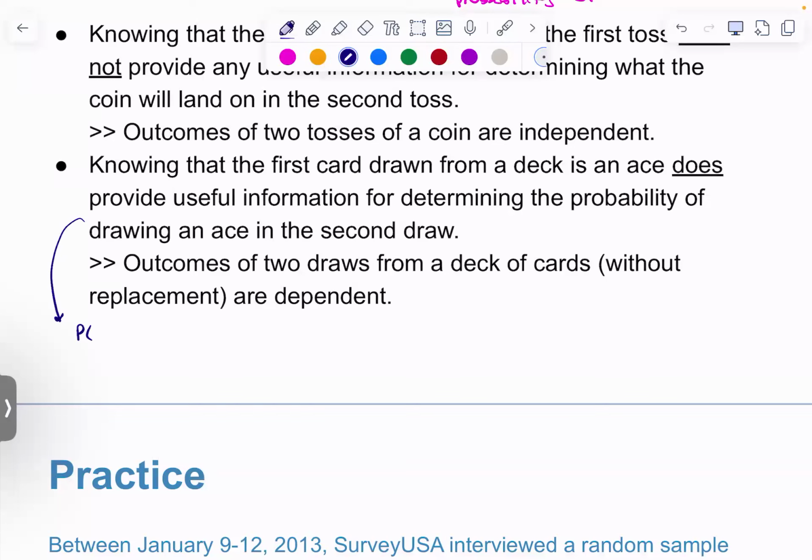So the probability of an ace on the first draw is 4 in 52.